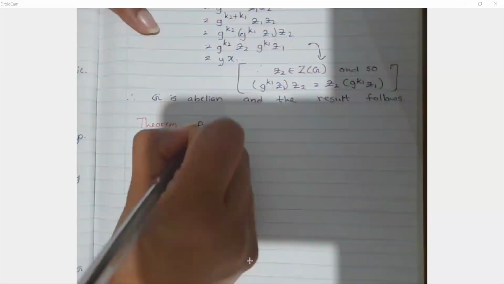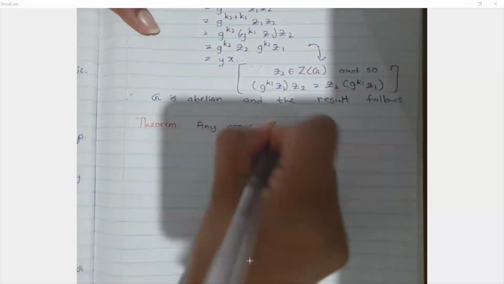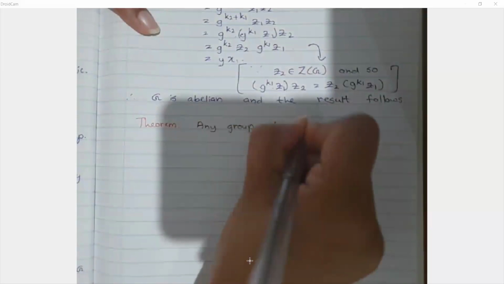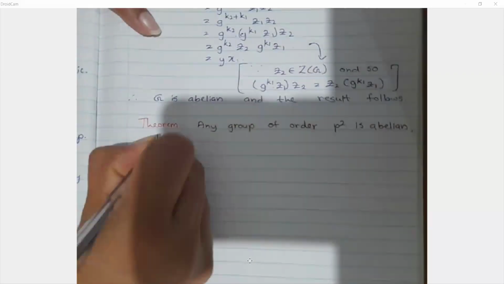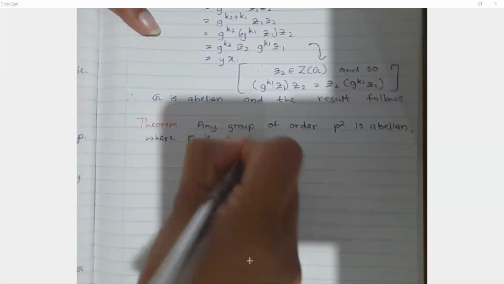Let me state it. Any group of order p squared is abelian, where p is a prime.